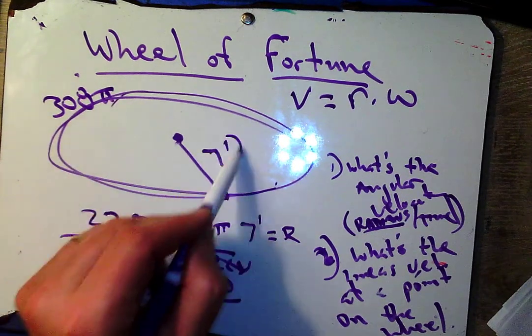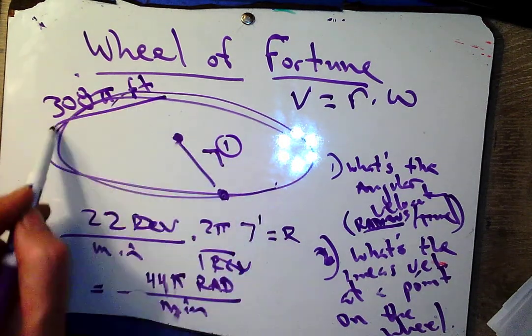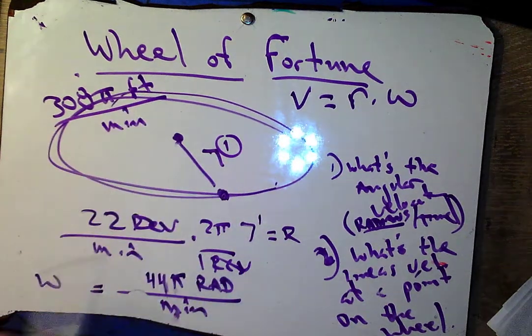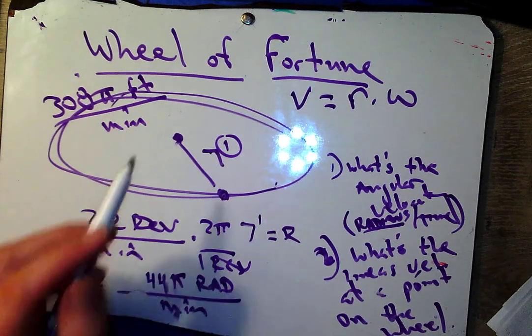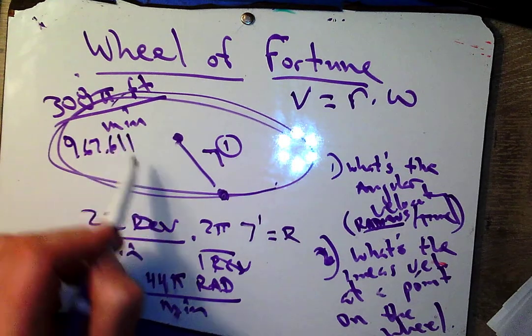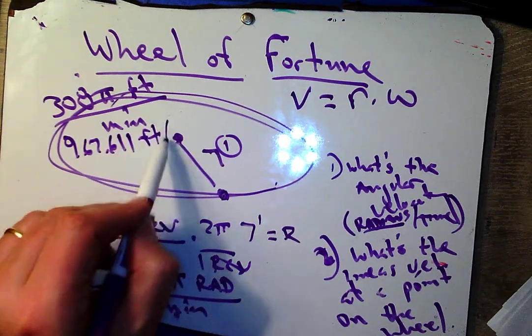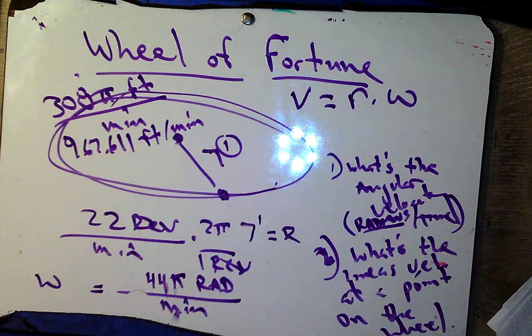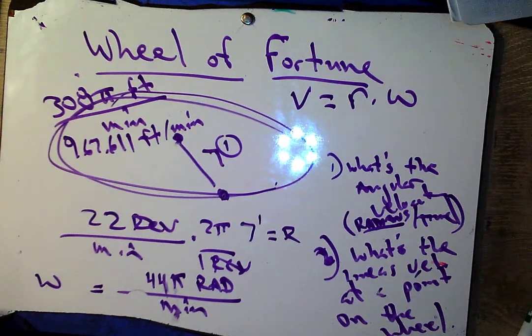And what are my units? Feet per minute. I can multiply that by pi. I would also accept 967.611 feet per minute.